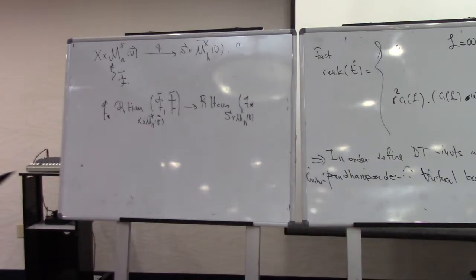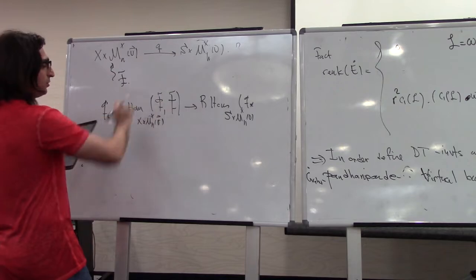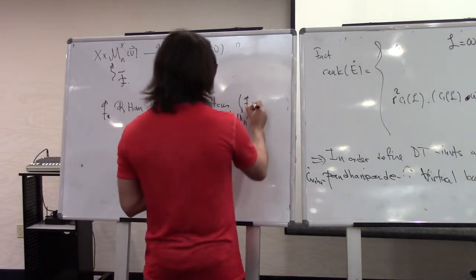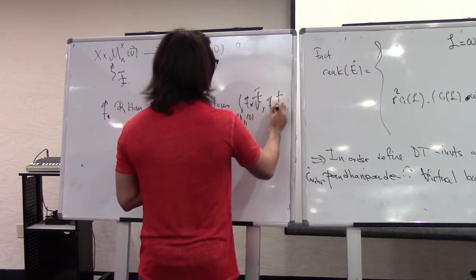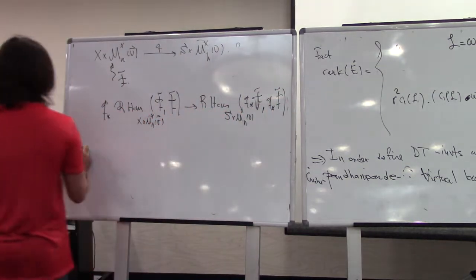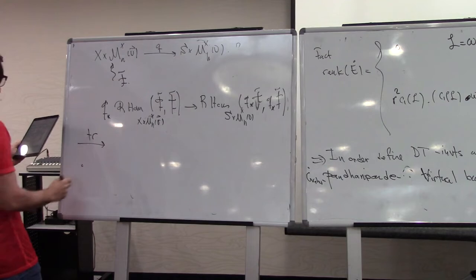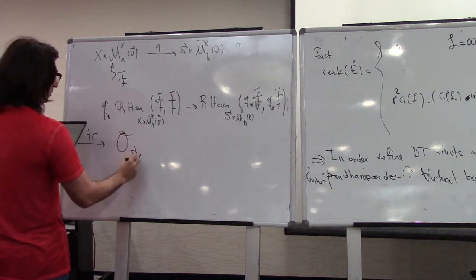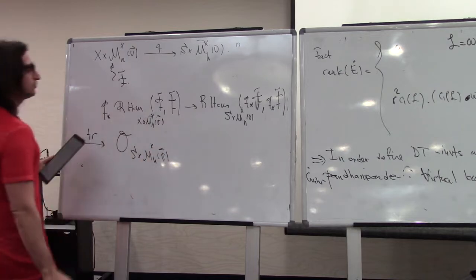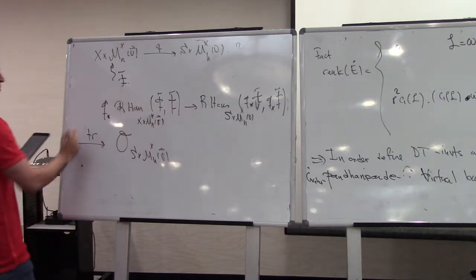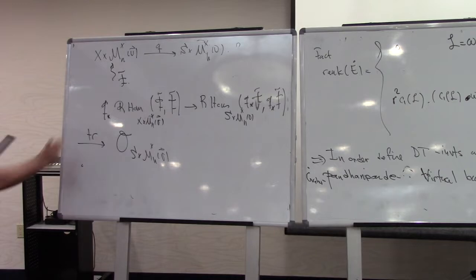So just to push forward, you can put it inside the parentheses because there are no higher cohomologies. Something like that. And then you can define a trace map, and this maps you to the structure sheaf of the moduli space. So this composite map gives you a complex.